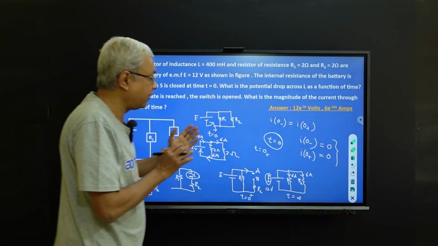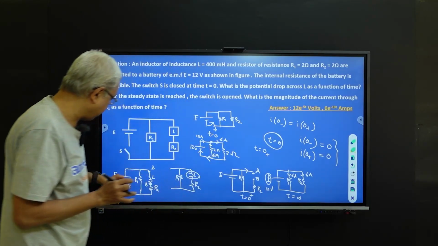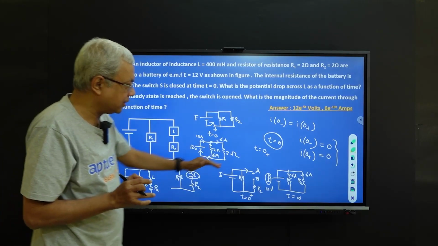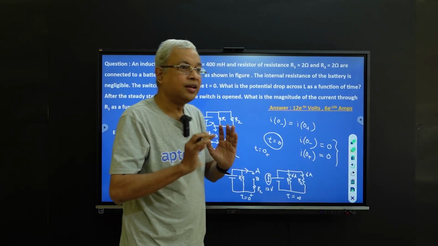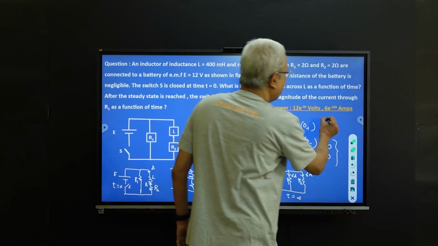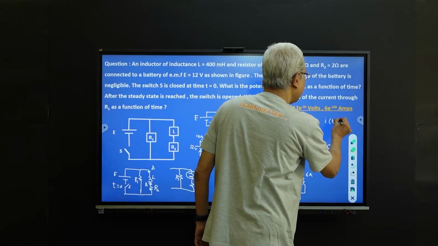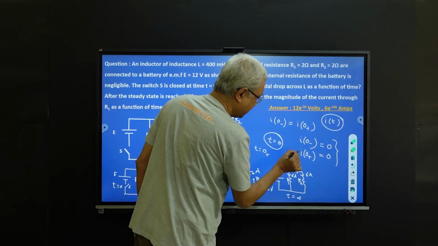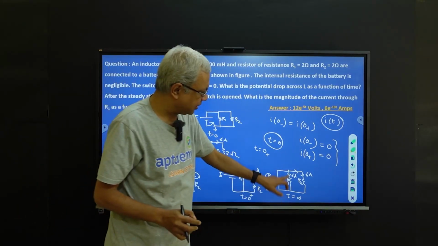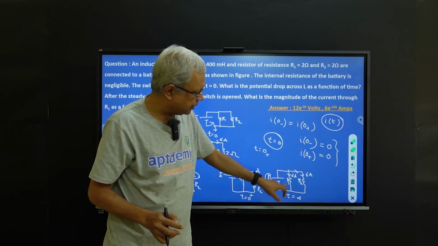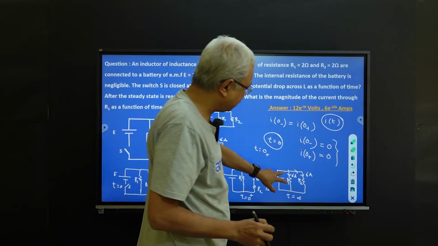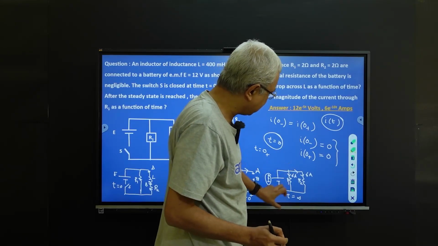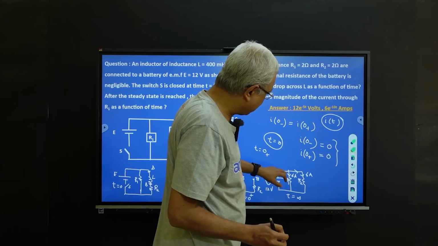So initially after switch on, the current through this branch is a function of time, I(t). This branch actually has no inductance, no capacitance. So this particular resistance sees 12 volt.